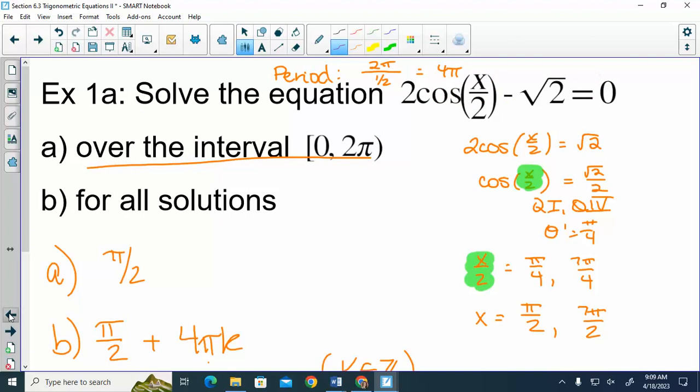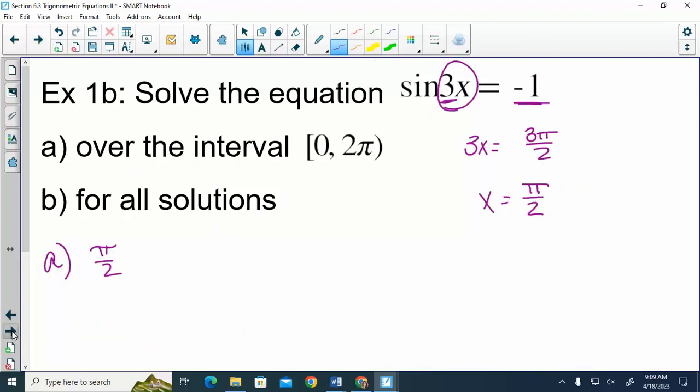Between 0 and 2 pi, we only had half of our graph. So this one, between 0 and 2 pi, we have 3 of our graph. So when I see this, when I have that 3, I'm going to make a note to myself. This will be triple the solutions. Because that 3 will give me 3 complete cycles.